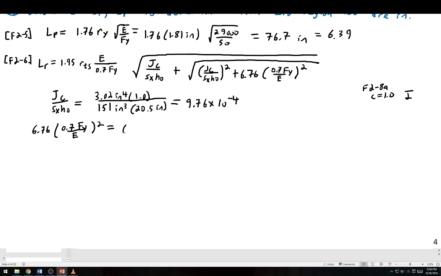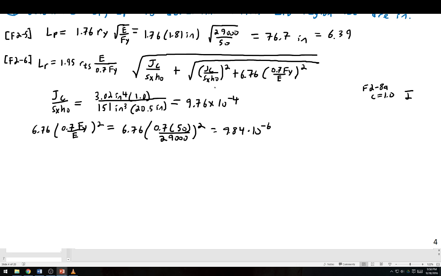Well, this is 6.76 times 0.7 times 50 over 29,000, quantity squared, and this comes to 9.84 times 10 to the negative 6. So now I have this part, and this part.